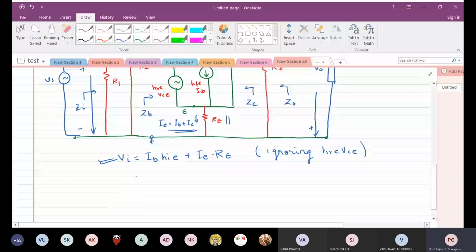So I will simplify this further as IB into HIE. Is there any doubt?